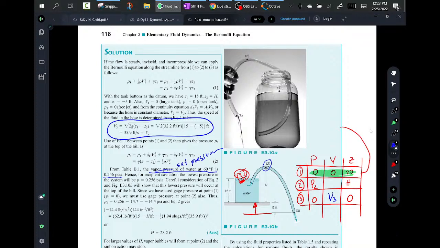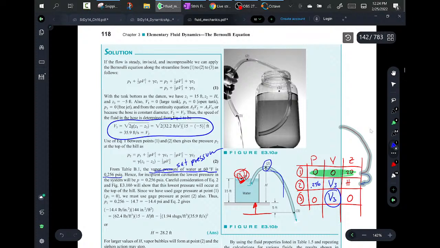So if that's the case, then P2 would be 0.356. Once you found V3, guess what? The diameter of the pipe didn't change, so that's the same value. At this point, I could write Bernoulli's equation between here. Well, here's what you actually do.